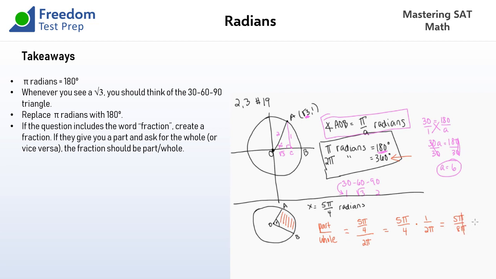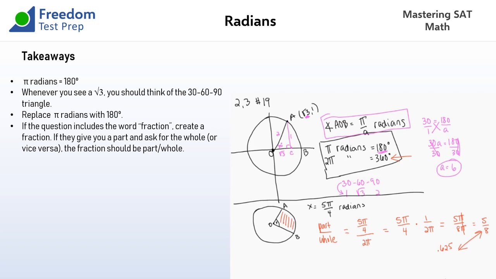The pi's cancel out, and we just get 5/8. So this area is 5/8 of the area of the entire circle. That's what it could look like. By the way, if you did this on your calculator and it got you a decimal, this would be 0.625. That's fine. Either the fraction or the decimal works.